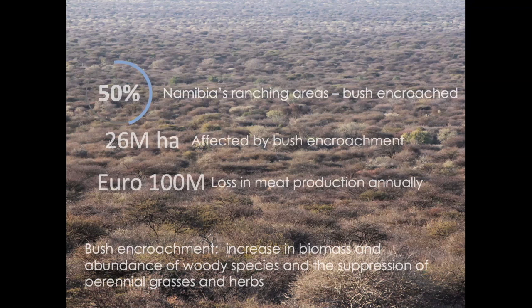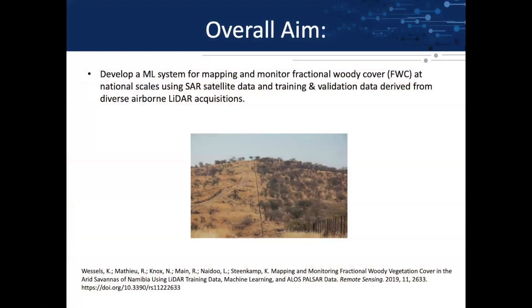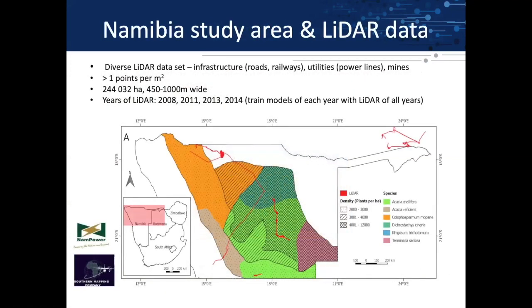So there's a big incentive to map and monitor woody vegetation cover and debushing activities which remove these trees at great expense. So the objective was to develop a machine learning system that can map and monitor fractional woody cover at 50 meter resolution at national scales using synthetic aperture radar data, with training and validation from very diverse airborne LiDAR.